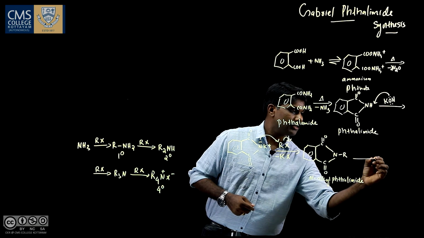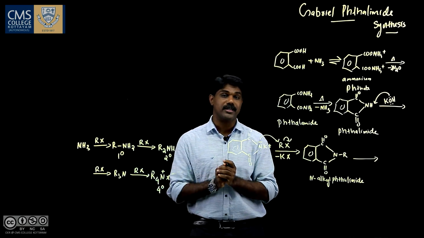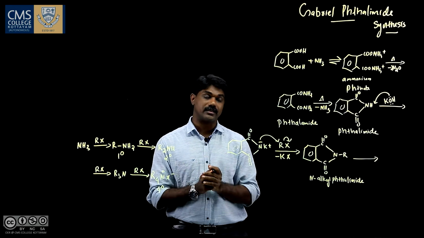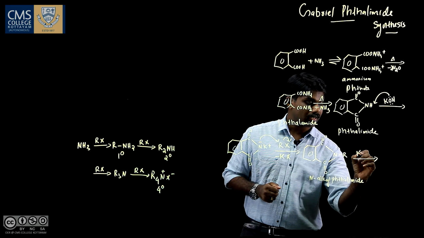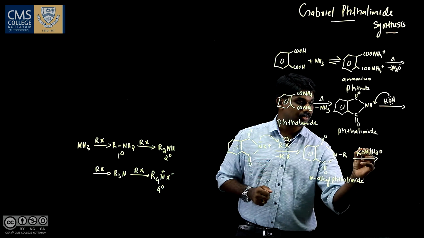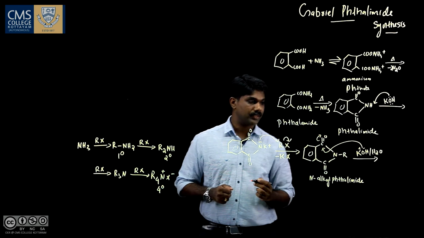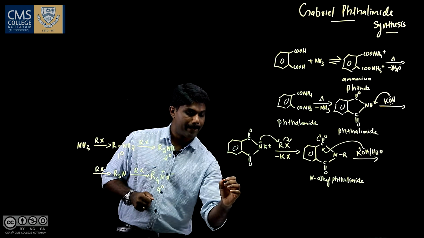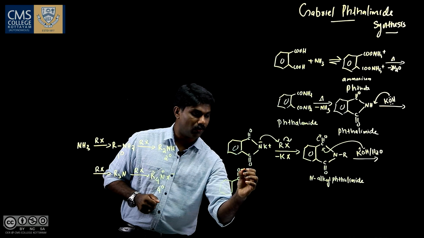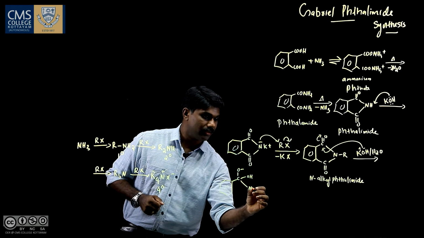This N-alkyl phthalimide can be exclusively converted into a primary amine by hydrolysis. You can adopt either alkaline hydrolysis or acid hydrolysis. Let me go with alkaline hydrolysis. Here we have K plus and OH minus. This OH minus attacks the carbonyl carbon. So here you have C O minus and the OH, and here you have NR.